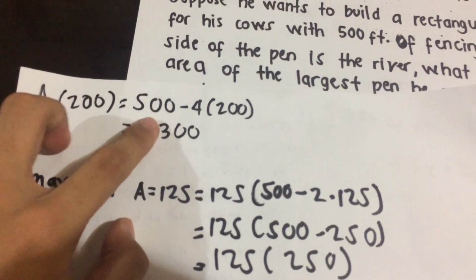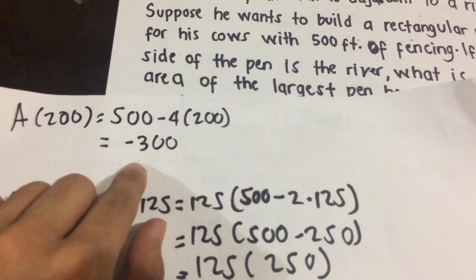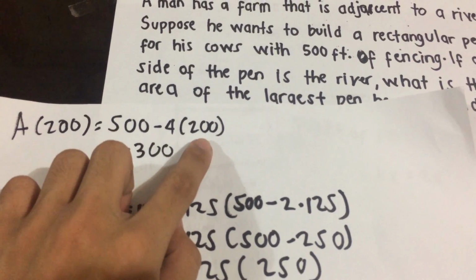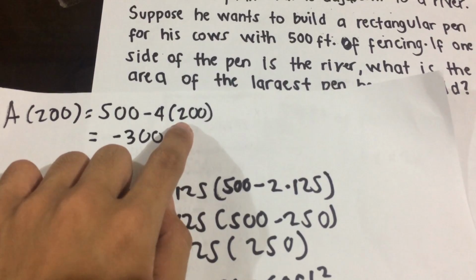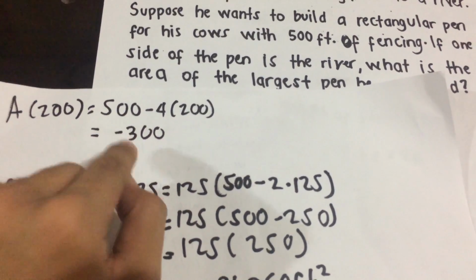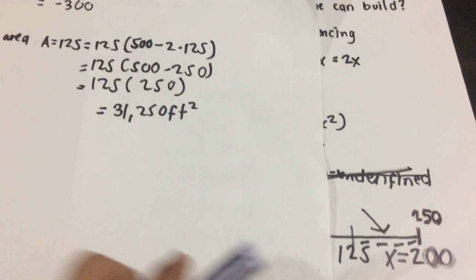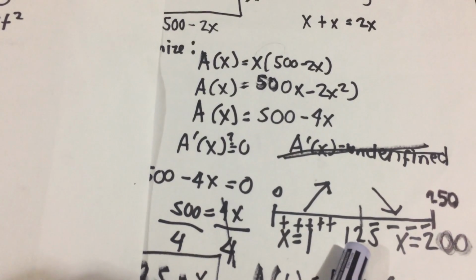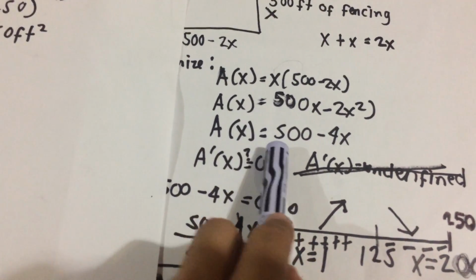In the derivative, 500 minus 4 times 200, we get negative 300, because 4 times 200 is 800, minus 500, and now we've got negative 300. So now we're going to use the critical point 125 and put it in our area formula here.